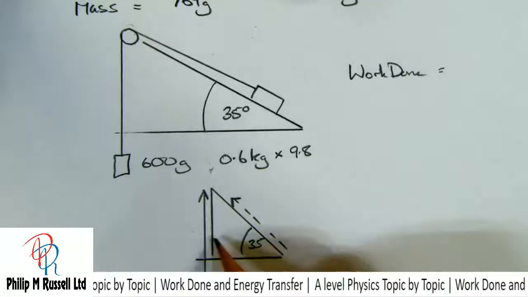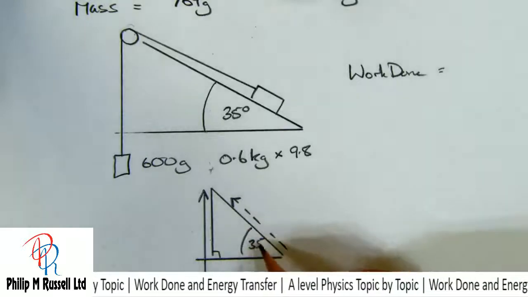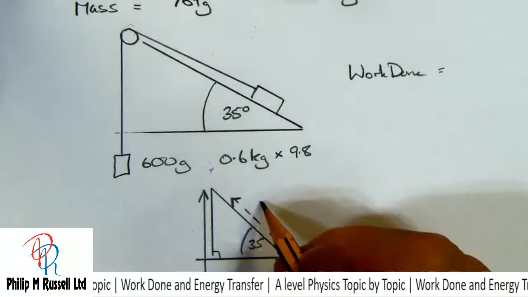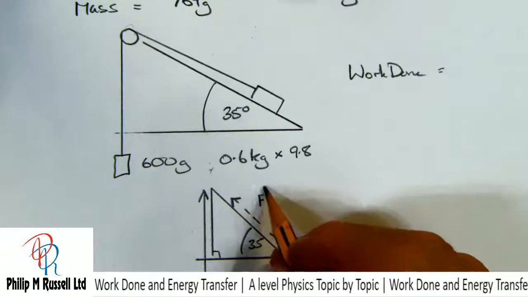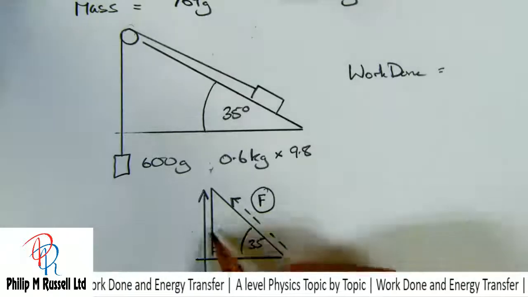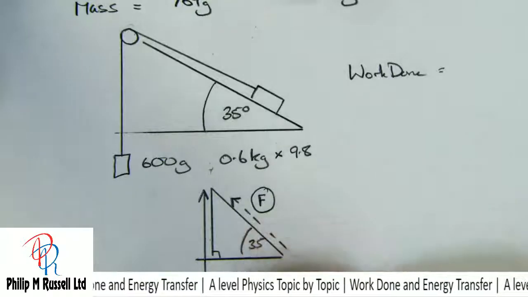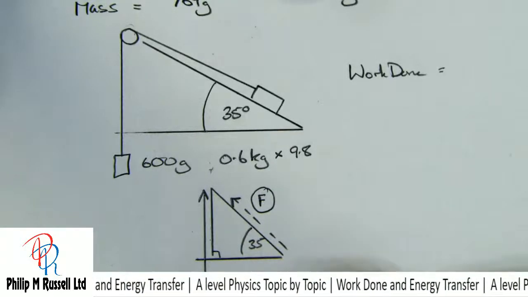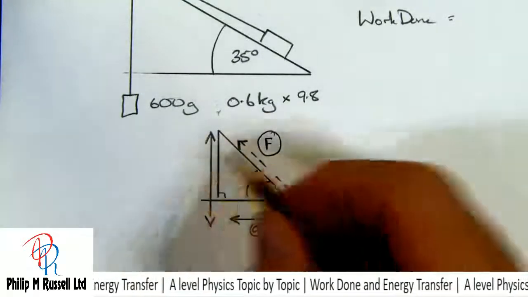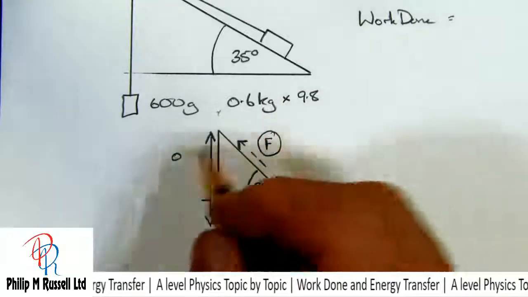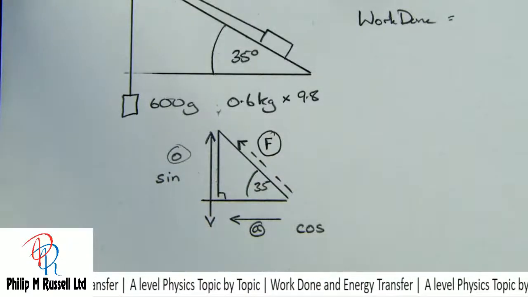And if we take our normal right angle triangle, then if I have got my force, which is my hypotenuse, then we can work out what the forces going in the other way are, because I can either work out the adjacent, which is going to be the cos, or I can work out the opposite here, which is going to be the sine.